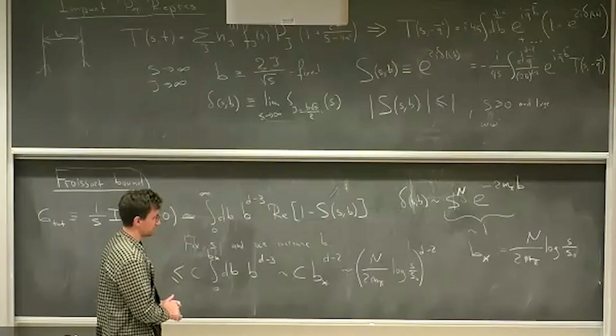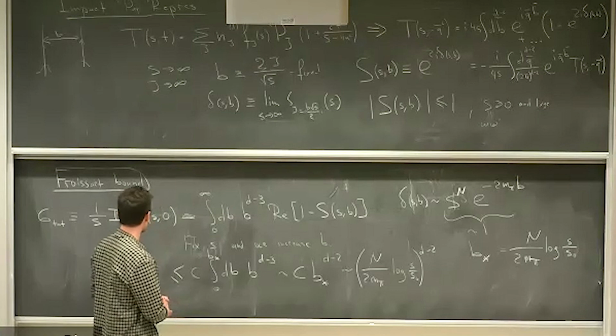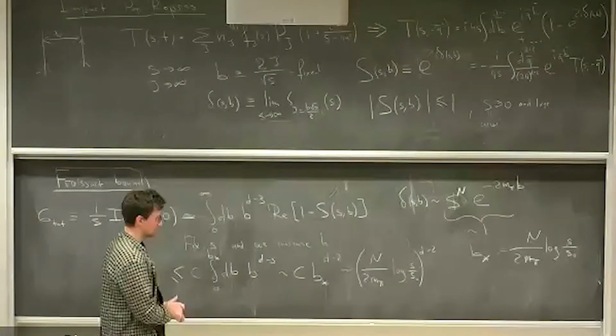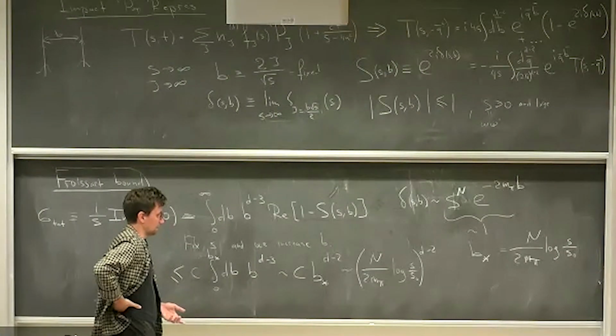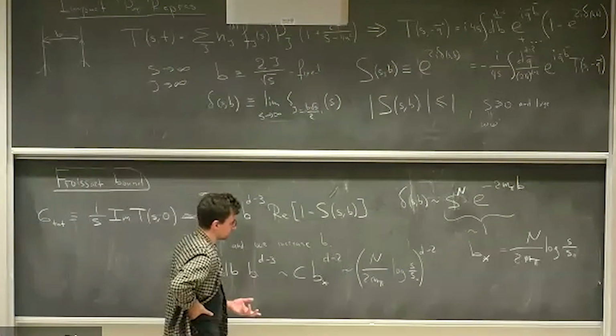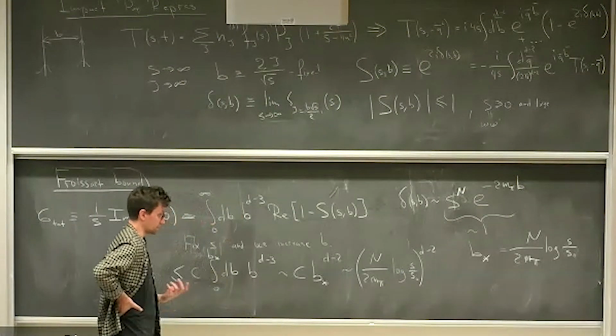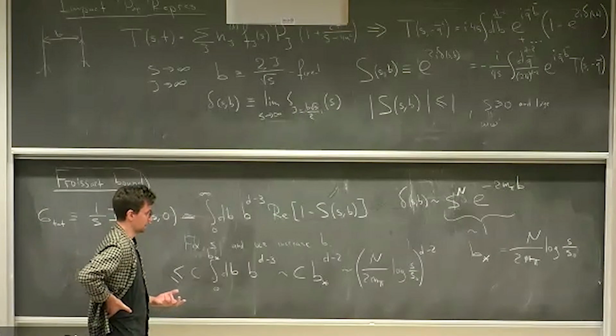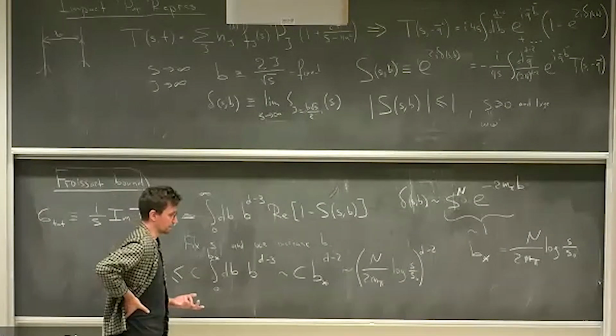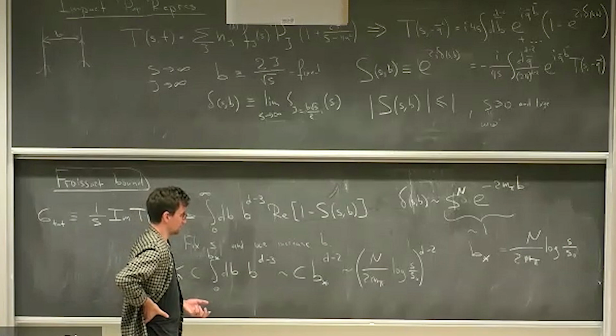I guess an interesting comment: you can ask, is the Froissart bound saturated at the LHC? And when do we expect the Froissart bound to be saturated? I don't know the answer to this question, and I don't know to what extent we understand it in QCD.